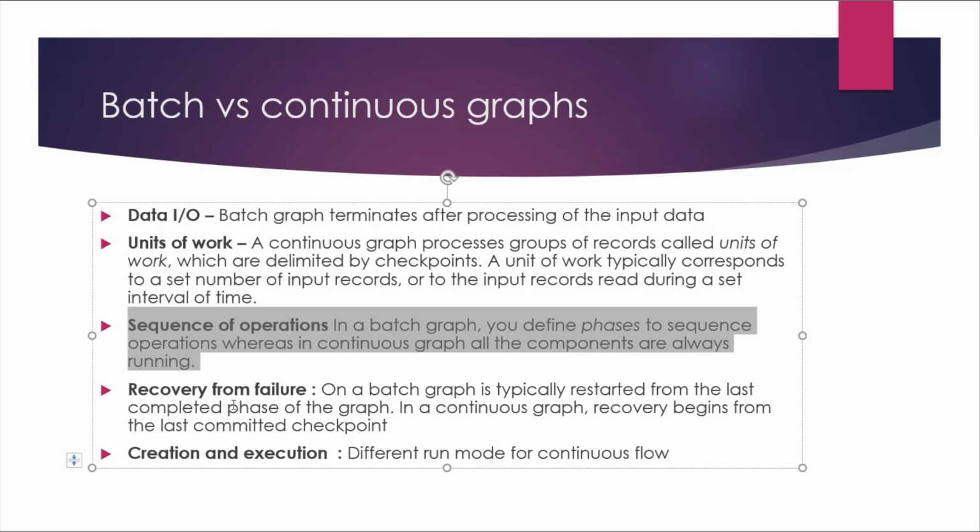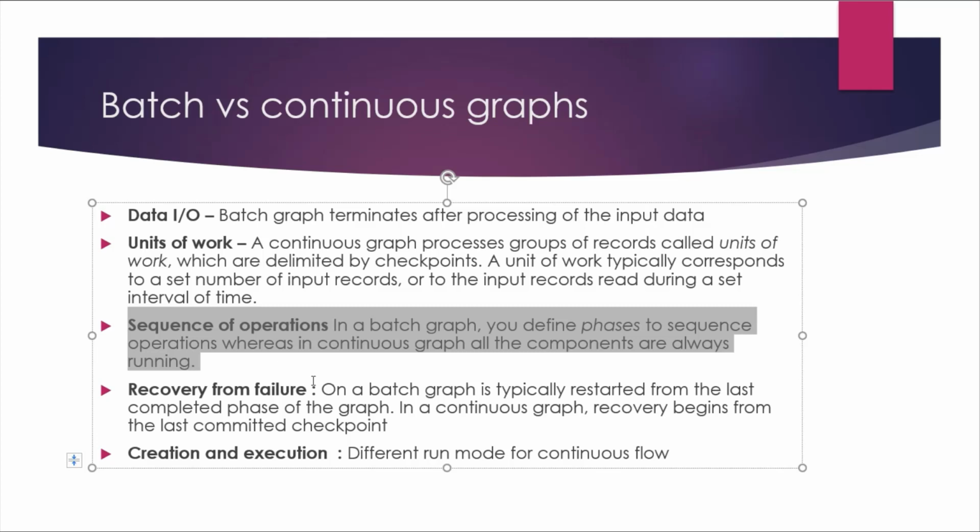But remember, in the case of continuous graph, there is no concept of phasing. All the components are always running. So phasing is not possible in continuous graph. That is important. However, we can achieve the phasing behavior by the continuous sequencer for a component. That is another thing, but we will see later.